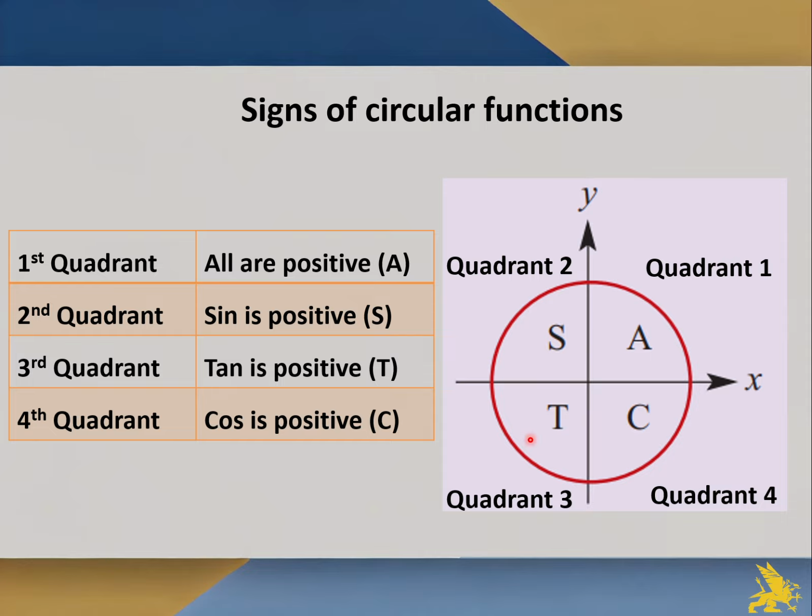In quadrant 3, sine is y and it's negative. Cosine is x and that's negative. Negative divided by negative for tangent gives us a positive, so tangent is positive. Same with quadrant 4. Quadrant 4, x is positive and that is our cosine. Our y is negative and that is our sine.